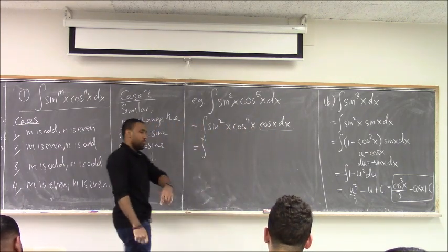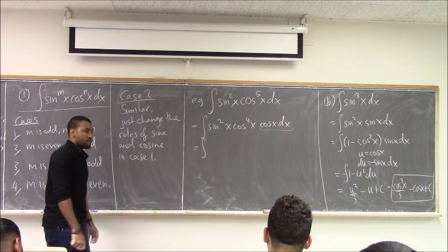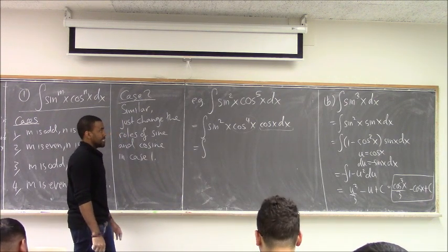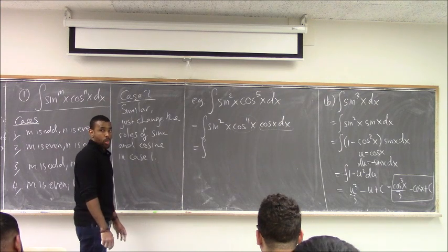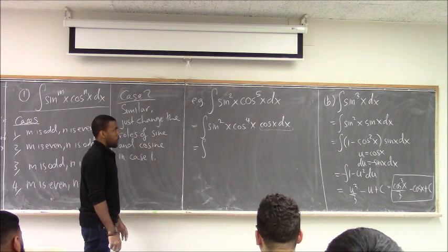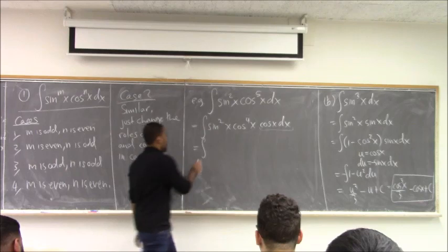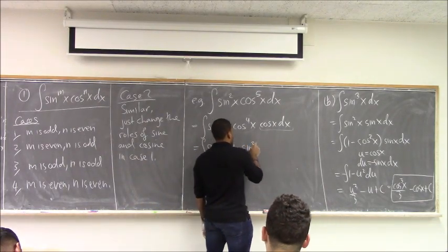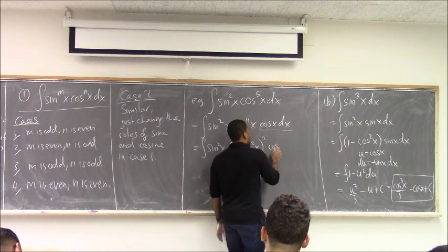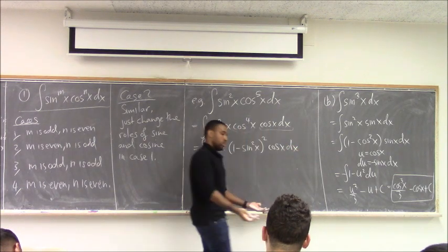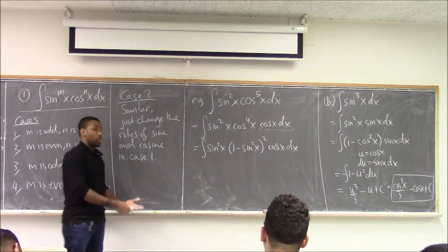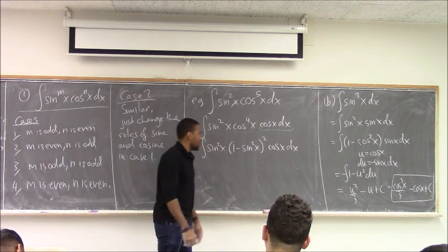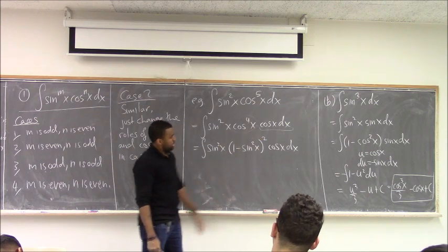How do I change cosine to the fourth into sines? 1 minus sine x squared, in parentheses, and squared at the end. Right, cosine to the fourth is just cosine squared, squared. You know how to change the cosine squared because you have that rule memorized. And then you just square that at the end.